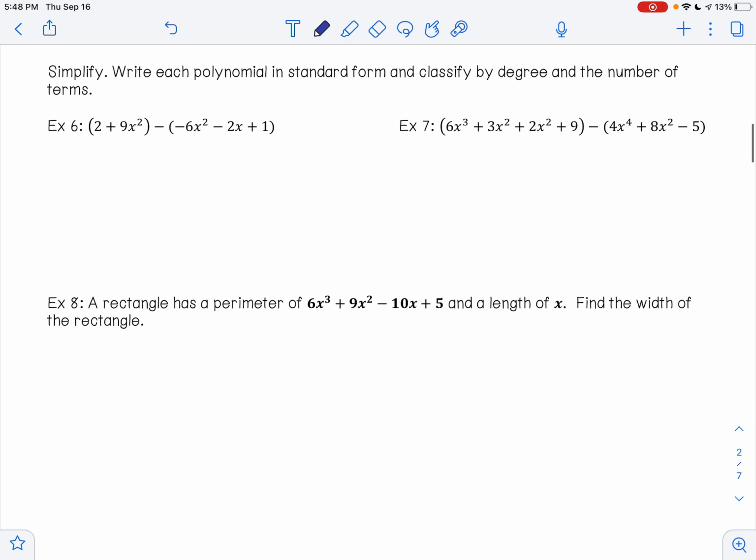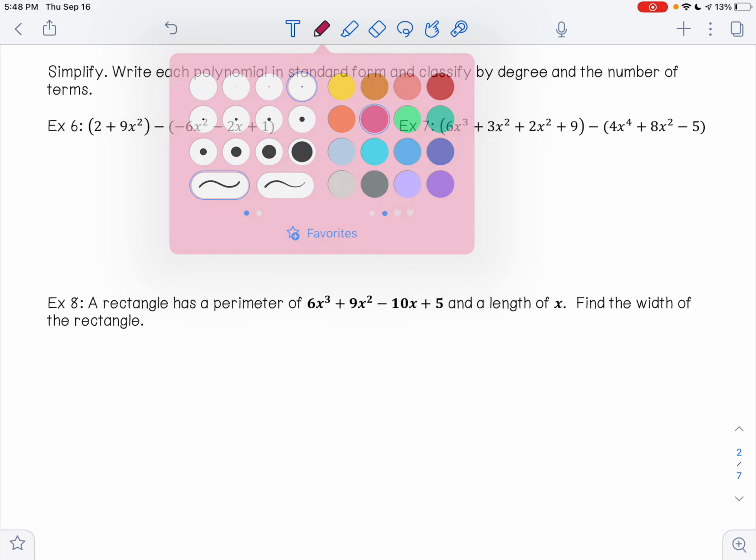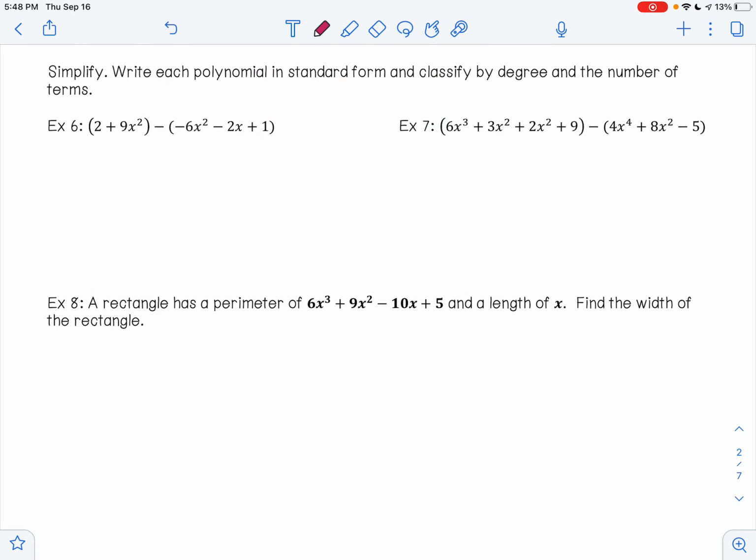Simplify, write each polynomial in standard form and classify by the degree and the number of terms. On example 6, I can see that we are subtracting. So remember, it is very important that you distribute that negative to everything in the second set of parentheses. Your first polynomial is going to come down.